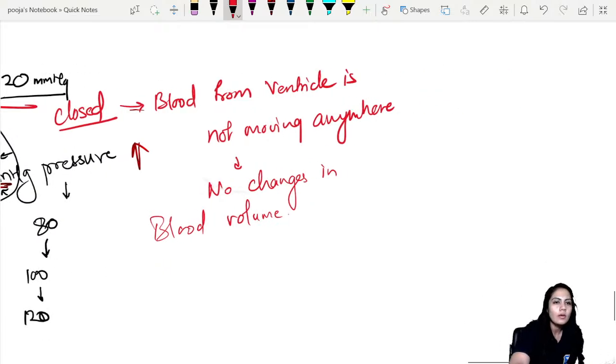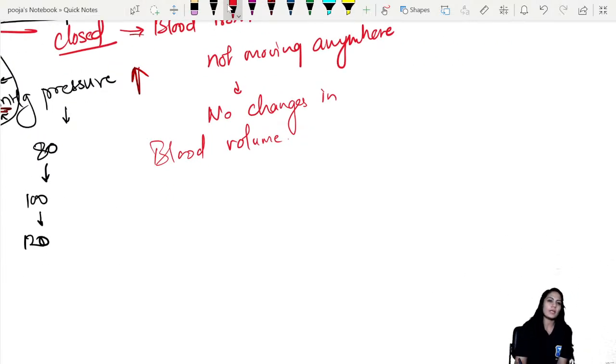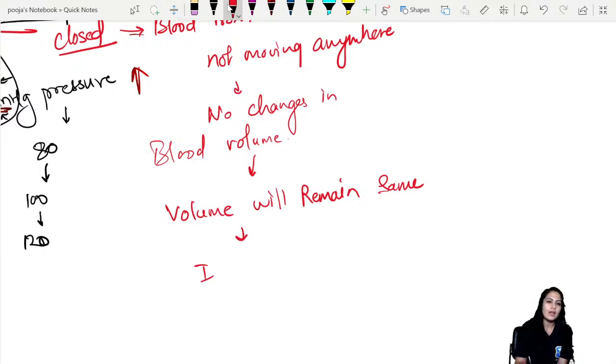The volume will remain the same; pressure is changing but volume will remain the same. And you know that this kind of thing is known as isovolumetric. So this is known as isovolumetric contraction.